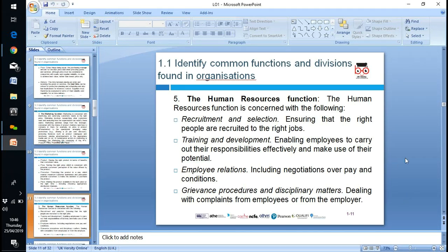So it's looking at employee relations, negotiations over pay and conditions, grievance procedures and disciplinary matters, and dealing with complaints from employees or from the employer. The HR department will have a number of strategies for dealing with employee relations.